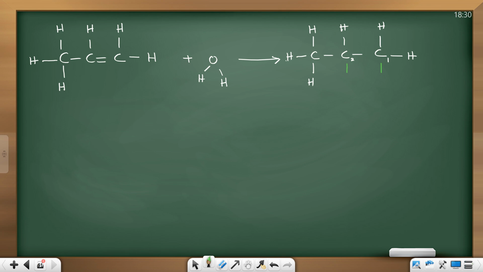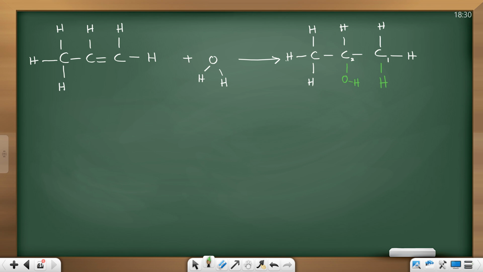Read your Markovnikov's rule. When adding, the rich gets richer. Which one is richer? Carbon number 1. And then we have our OH on carbon number 2. Don't get it mixed up. Guys, are we okay there?